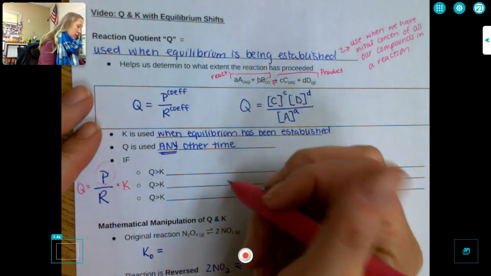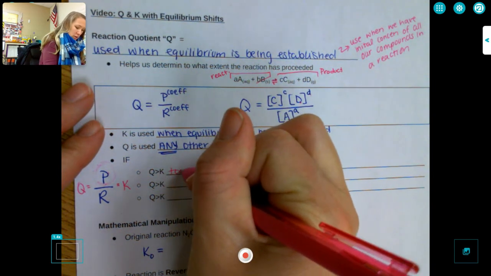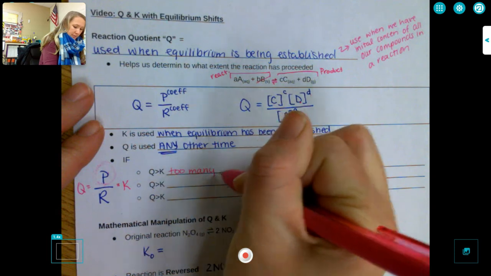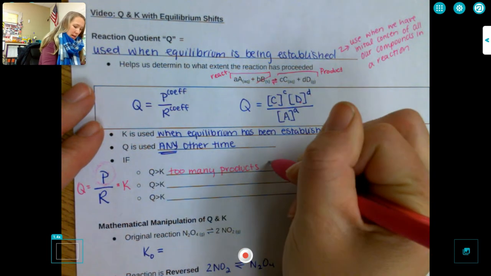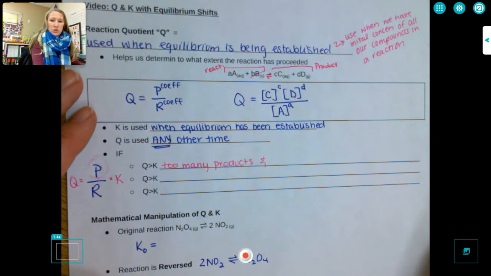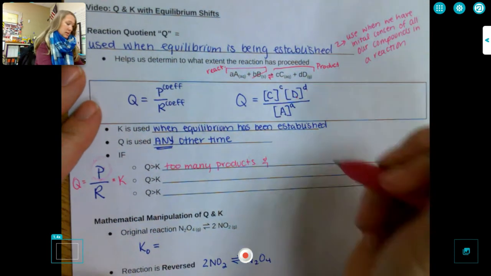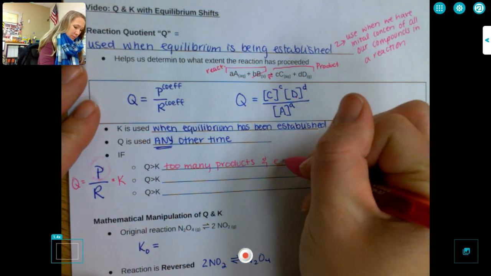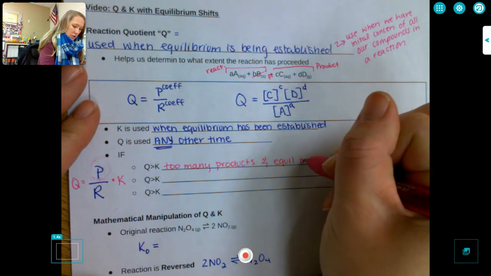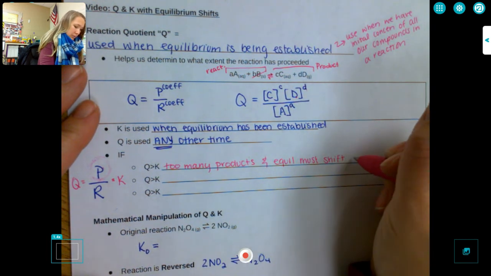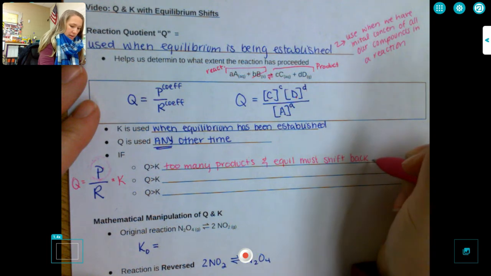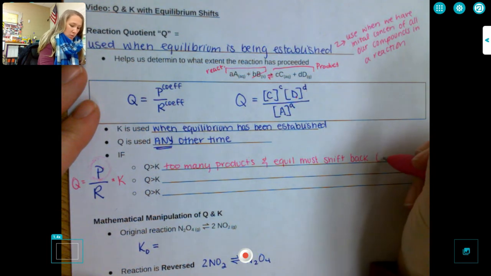So if Q is greater than K, that means we have too many products, and the equilibrium wants to shift to get rid of those extra products. So the equilibrium must shift backwards, back towards the reactants, or we'll say that it shifts to the left.